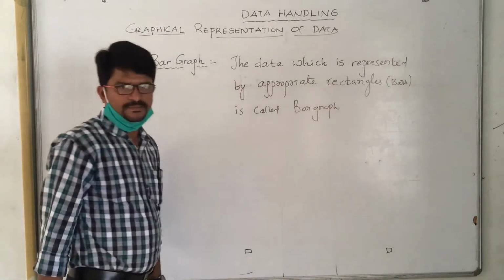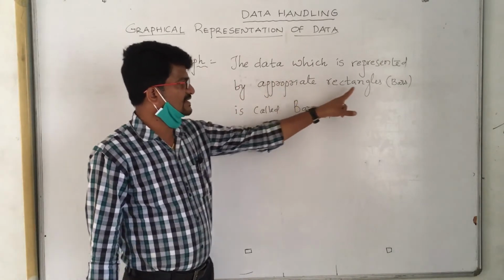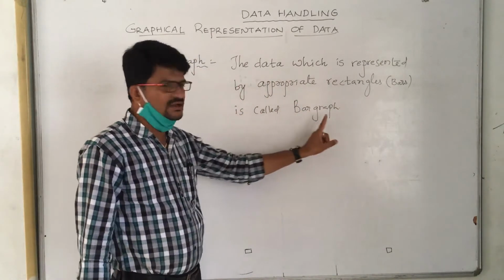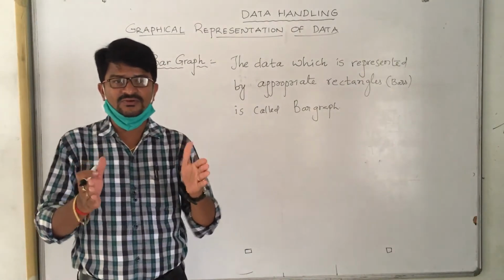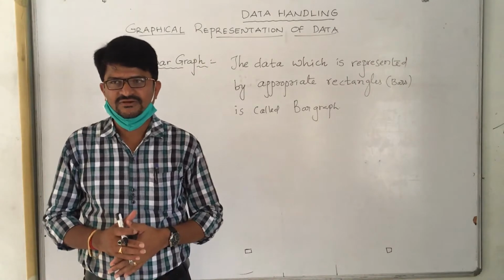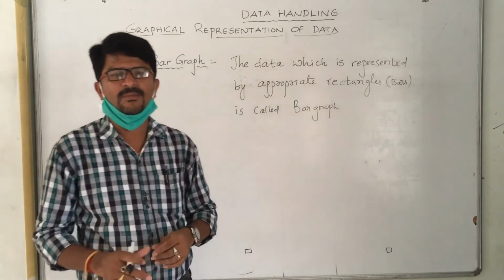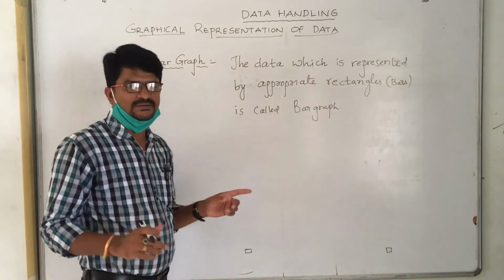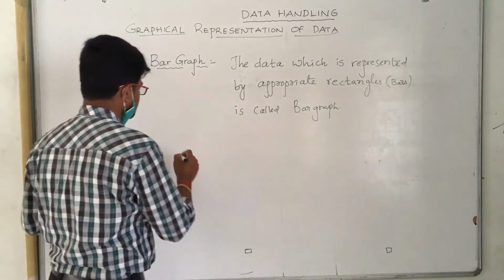Is it clear, children? The data which is represented by appropriate rectangles is called bar graph. Means here the data we are going to represent in the form of rectangles. Okay, here rectangles are called bars. But one thing here, let me explain some properties of bar graph.